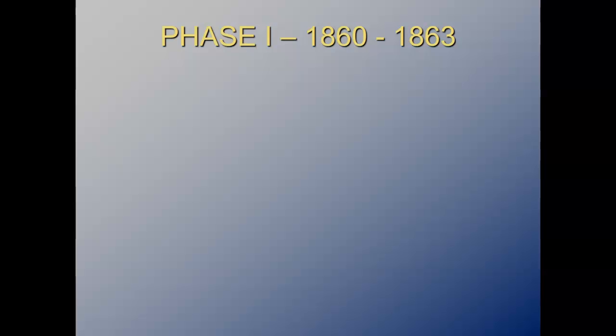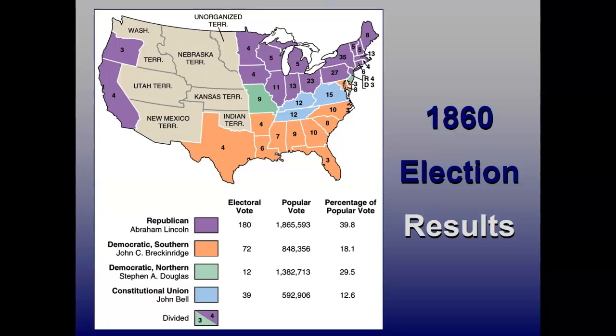In 1860, we talked about how Lincoln was able to win the election in a very split field. The Republican candidate Abraham Lincoln won 180 electoral votes, but really only got about 40% of the popular vote because the field was so split. The opposing political party, the Democrats, split along southern and northern lines. Southern states felt like they couldn't trust Stephen A. Douglas to hold up his end of the bargain about popular sovereignty and allowing slavery to expand in places like Kansas.